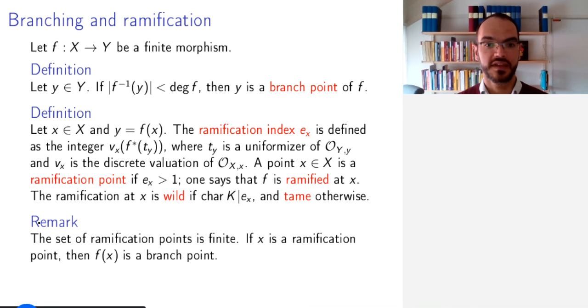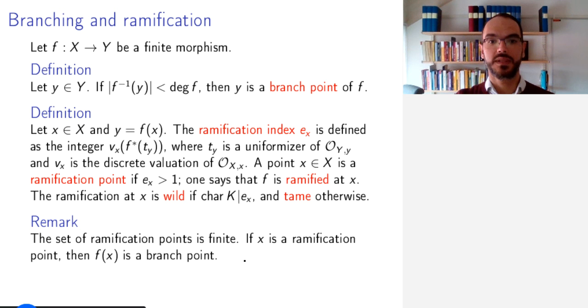And one remark, so the set of ramification points is finite, basically by closedness. You can prove this yourself. And if you have a ramification point, then f of x is a branch point, because again, otherwise you would have too high degree of the field extension.